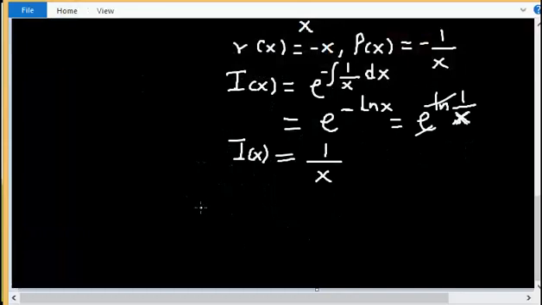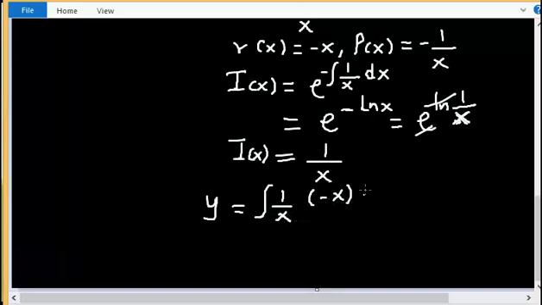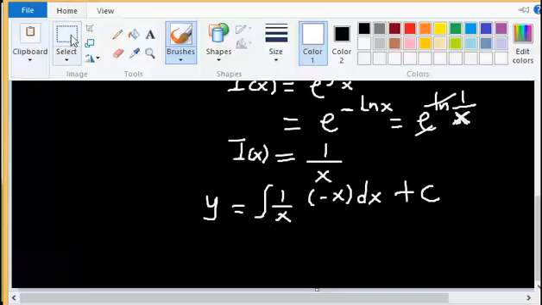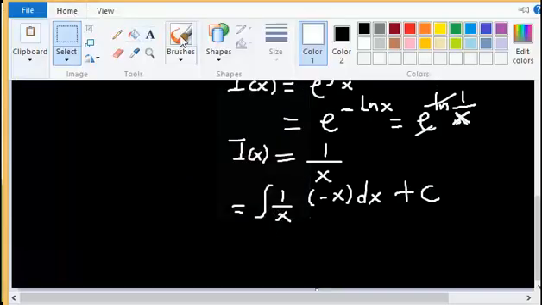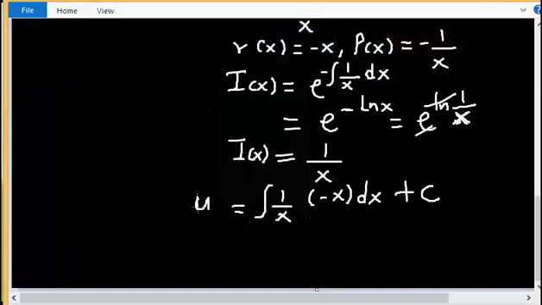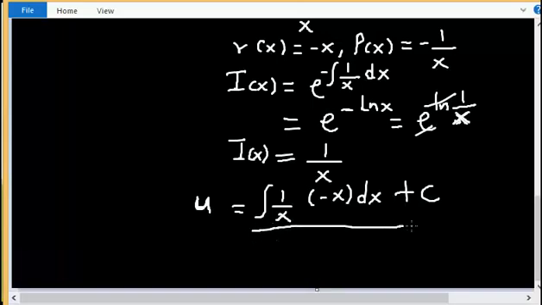So my general solution, don't forget, is always equal to the integral of the integrating factor, which is 1 all over x, multiplied by the r of x, and my r of x is minus x, of course with respect to x, plus c. Please pardon me, don't forget that I have not introduced my y. So the independent variable in this case now is u, I've not brought in the y. Now let's proceed, all divided by the integrating factor, which of course is the reciprocal of x.